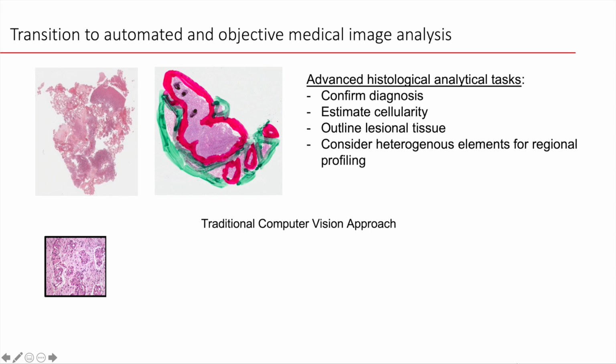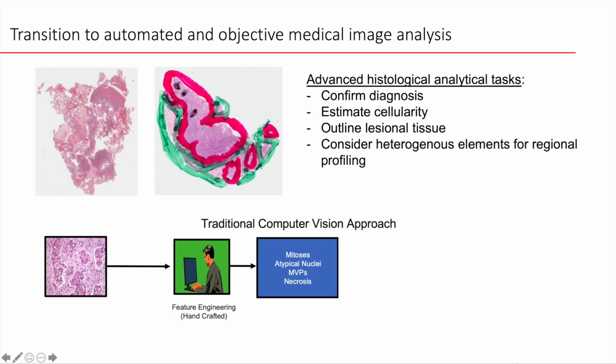So how have we tried to modernize this process? Well, for a long time, the goal was to use a branch of computer science known as computer vision to try to automate some of these processes. And this really involves taking a slide as shown here and working with a pathologist to identify key diagnostic structures that would be of diagnostic importance.